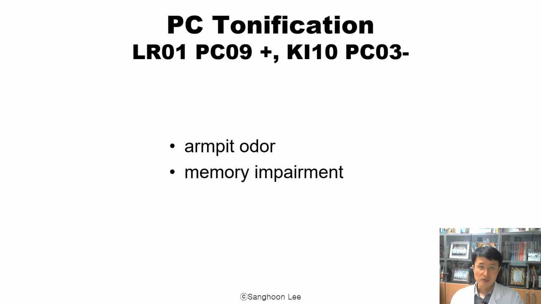Pericardium tonification formula is reinforcing liver 1, pericardium 9, reducing kidney 10, pericardium 3. Because it starts from our armpit, it can treat armpit odor and memory impairment.